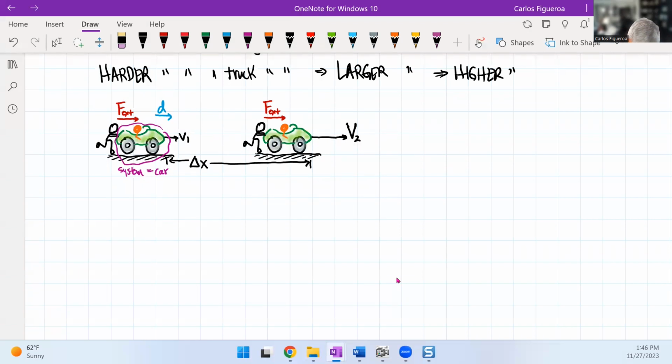So what's going to be the big difference here? The big difference here is that I could imagine that I have a truck. So if I have a truck, you could imagine that this truck here is going to have more mass.